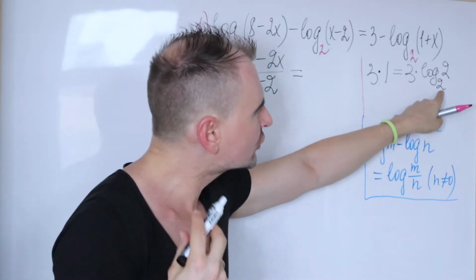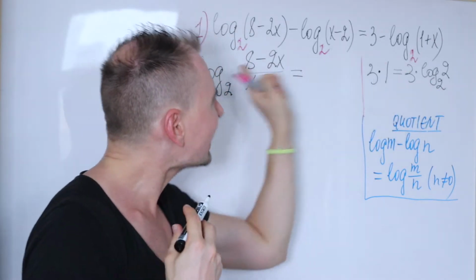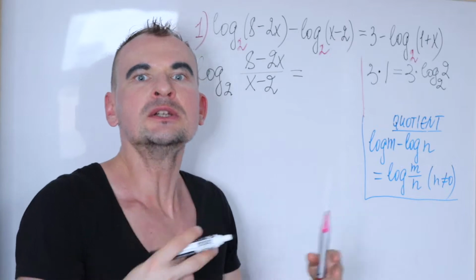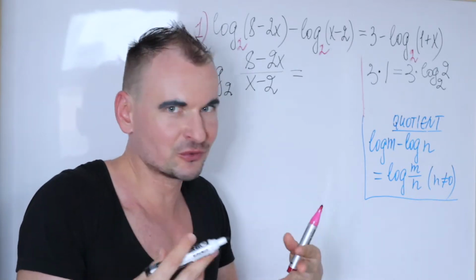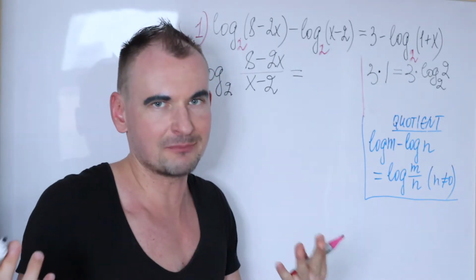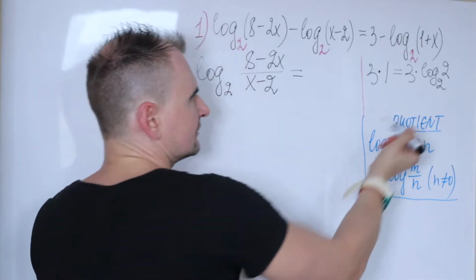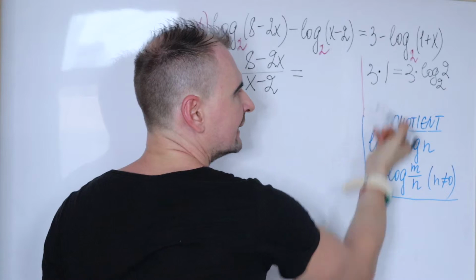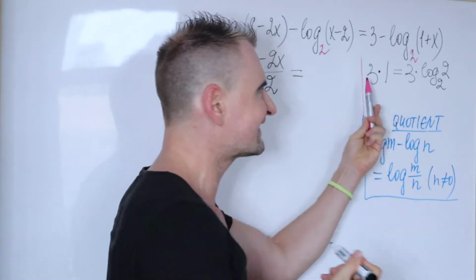And why did I choose 2? Because I have base 2 and I want this new log to be with base 2, not another base. Again, this log to the base 2 of 2 gives me back 1. So 3 times 1 is 3.